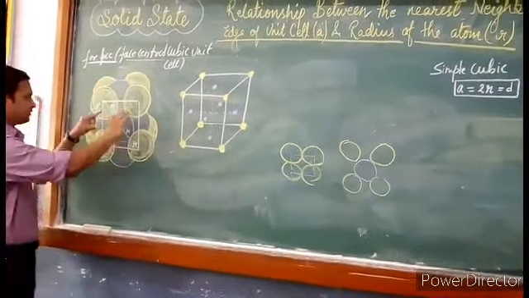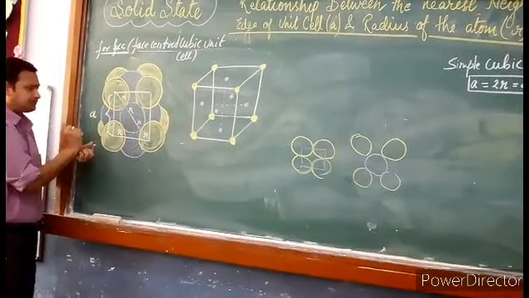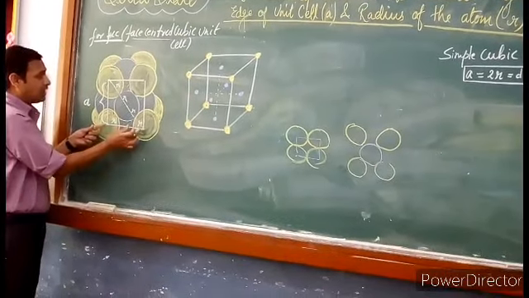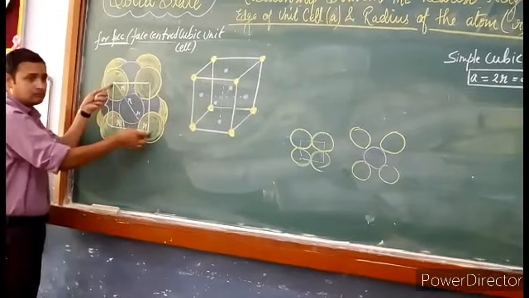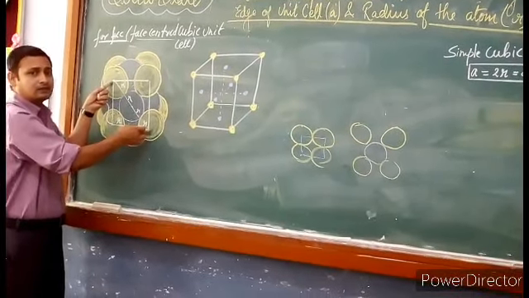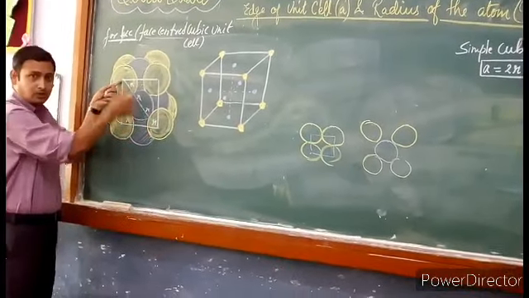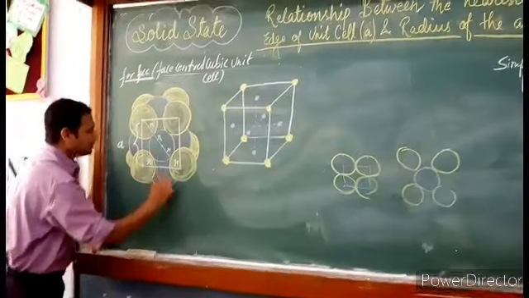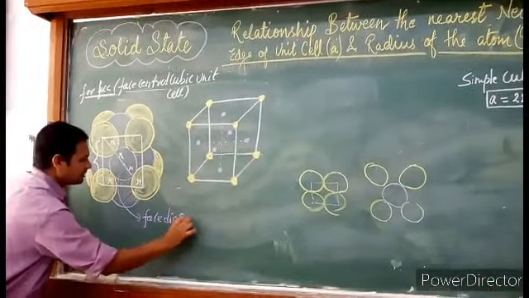जब दूर चले गए तो क्या हुआ? The edge length we have supposed A, radius of atom we have taken R. So if I try to visualize the distance of the face diagonal, this will be called the face diagonal.